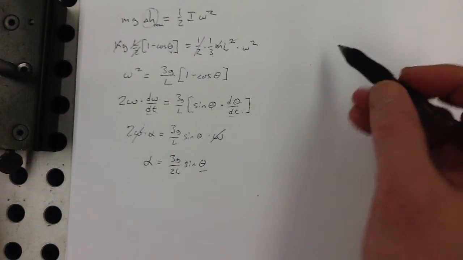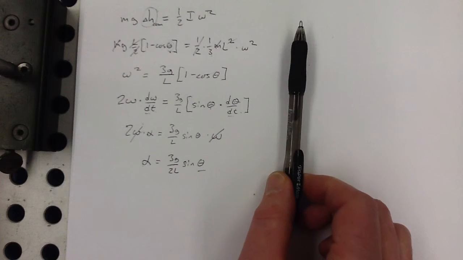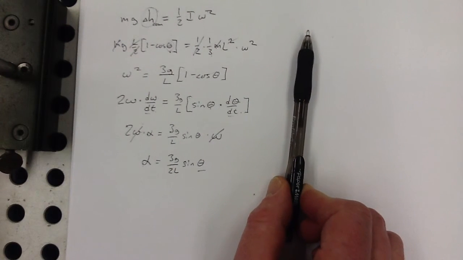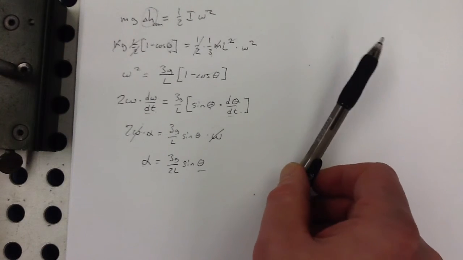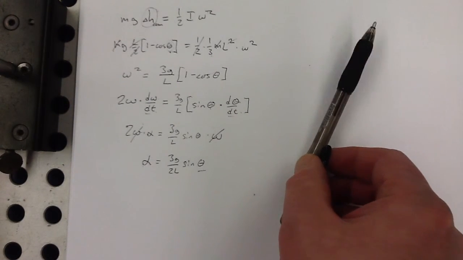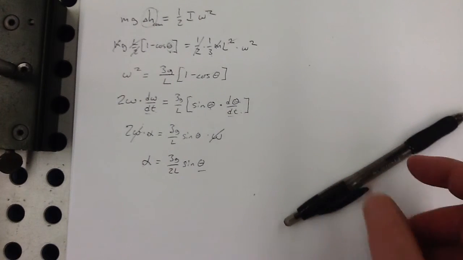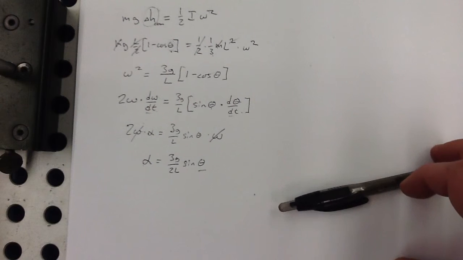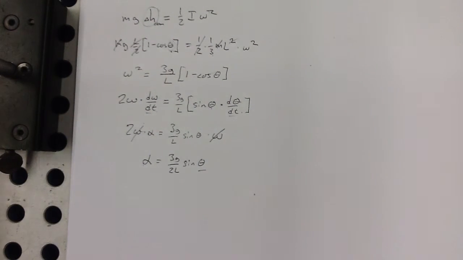The angular acceleration, when it just starts to tip and the angle is really close to 0, sine of 0 is 0, so the angular acceleration is going to be very small, and then it's going to increase as the angle increases. And that makes sense because as the angle increases, the torque will be acting at closer and closer to 90 degrees. So it will have more and more effect.